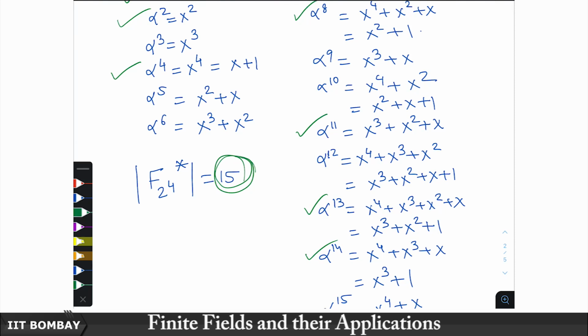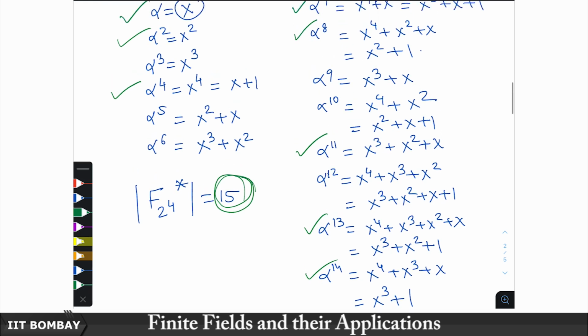Can we say that this F 2 power 4 is obtained from F 2 by just including one element and then all the required elements are added to make it a field? So, in fact, our proof was based on the fact that that element can always be taken as a primitive element.